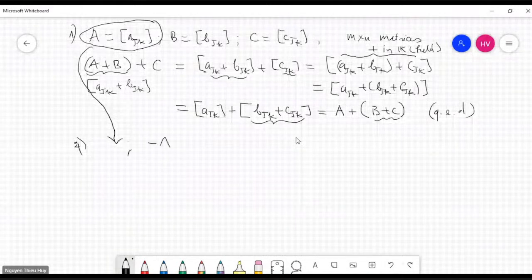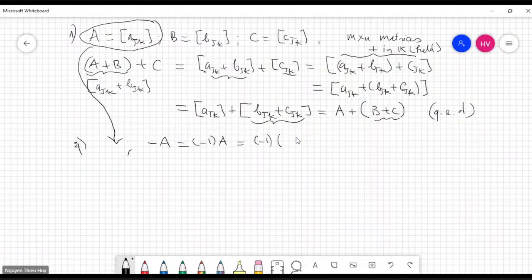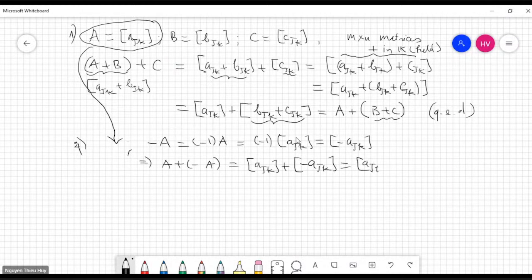Then minus A is simply minus 1 multiplied by A. This is minus 1 multiplied by the matrix of the form A_JK, and by definition, I multiply minus 1 to every A_JK, so we obtain minus A_JK. So when you add A plus minus A, you have A_JK plus minus A_JK, which by definition is A_JK minus A_JK. But this is 0.